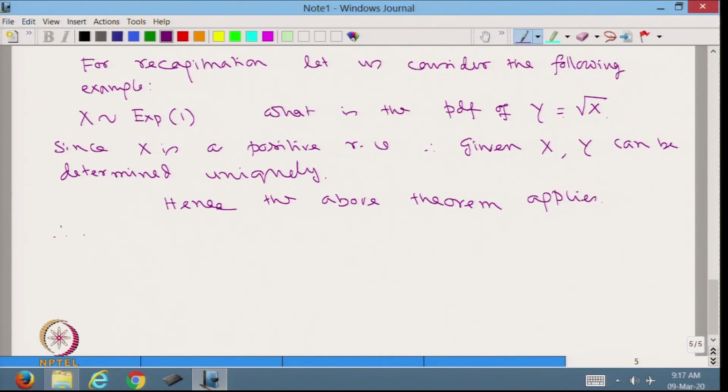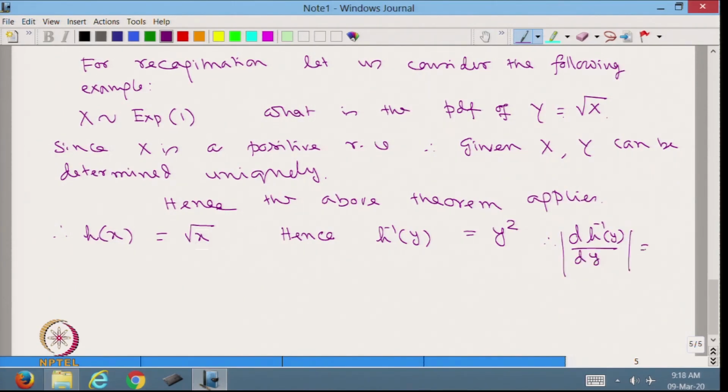Therefore, h of x is equal to root over of x. Hence, h inverse of y is equal to y square. Therefore, d h inverse of y by dy is equal to 2y.